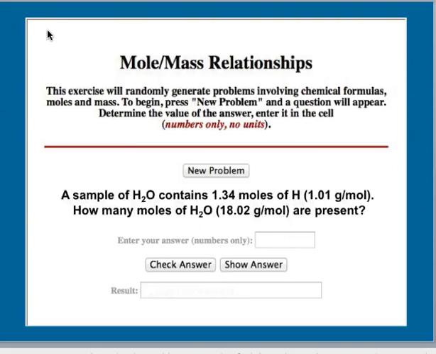Well, exactly the same logic here, isn't it? We're going to look at water and say, what's our mole ratio? 2 hydrogens for every oxygen. Now our given is hydrogen. So when we write this ratio, we want hydrogen in the denominator.